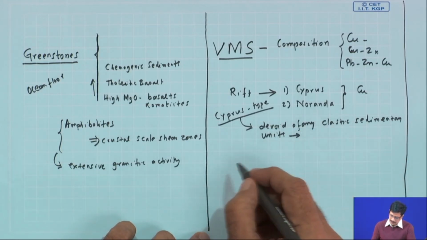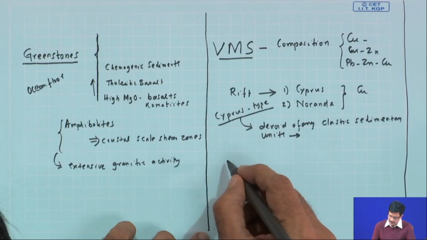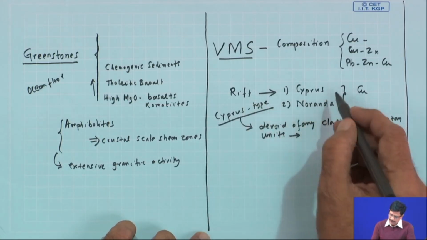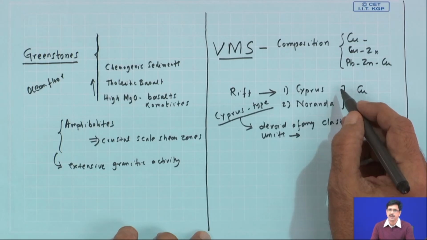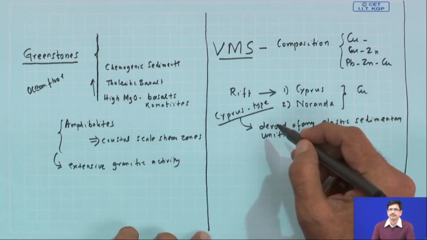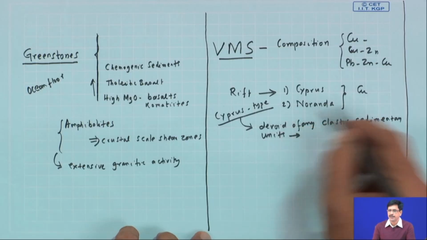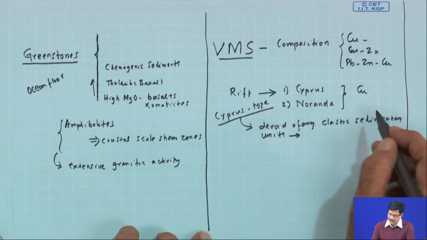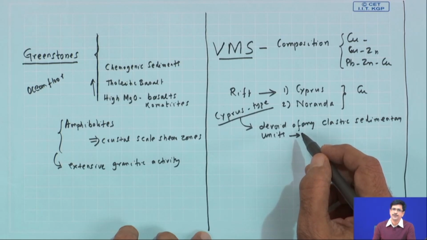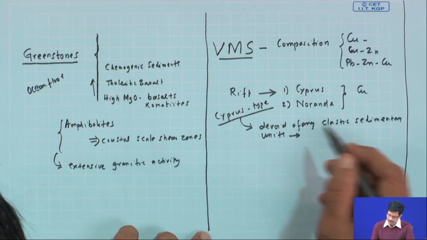And as was also shown in the temporal spectrum, these deposits range in age from very old, almost Precambrian, to very recent. For example, the Cyprus deposits or those associated with Oman ophiolites are very young deposits.